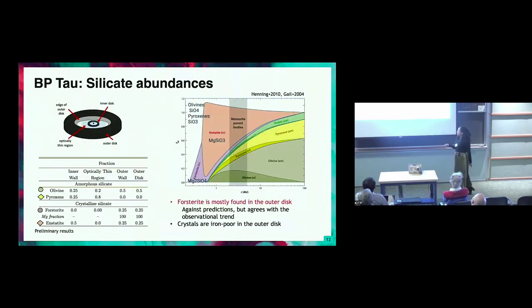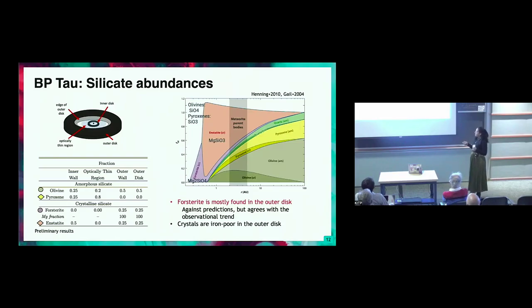So we went further, and with the IRS data, we modeled the silicates and the composition. And we tried to compare it with what the expectations say. So I'm showing here the cumulative distribution of elements with the radius in the disk. The predictions from equilibrium chemistry say that we should have a lot of amorphous material out, and a lot of crystals in, as the temperature increases.